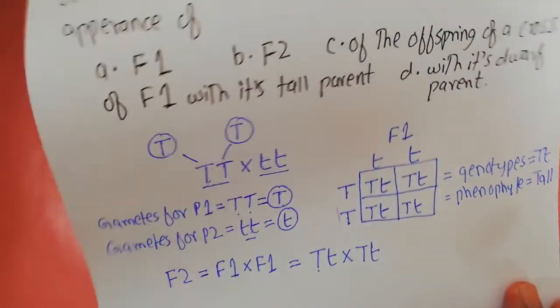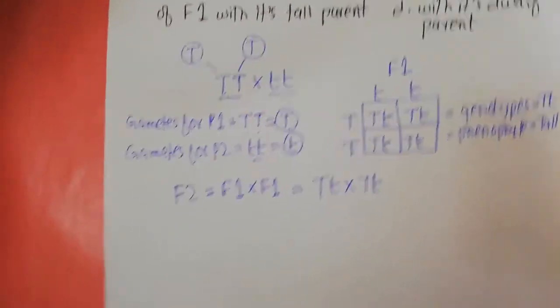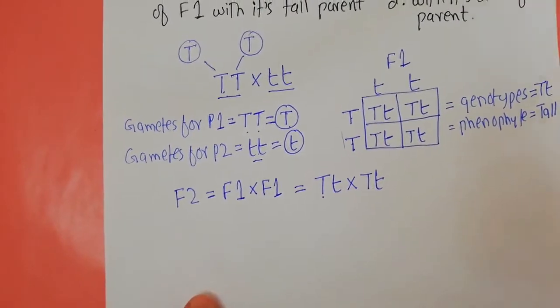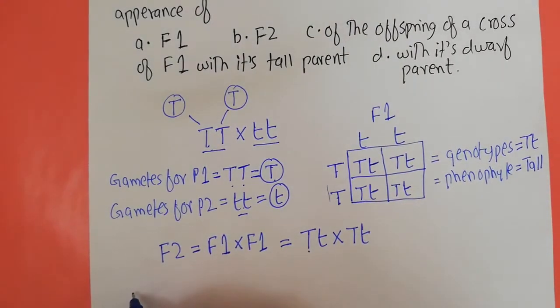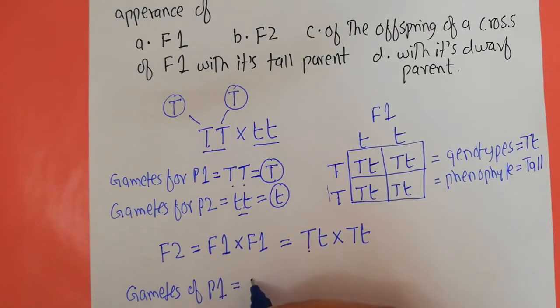Just like the F1, the first thing you have to do is go for the formation of the gametes. So what kind of gametes can you expect from these parents? Let us talk about the gametes of parent number 1, which is the capital T and the small t. You can expect two kinds of gametes from here.